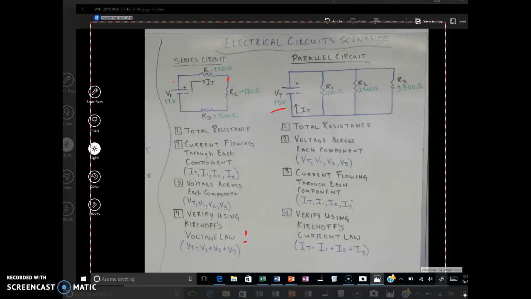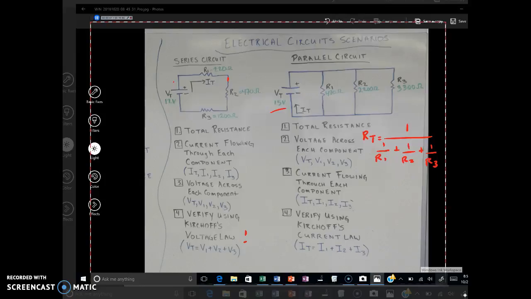So the total resistance for a parallel circuit, we did talk about this, and we talked about how the equation wasn't very user-friendly, right? So we said that the total resistance for a parallel circuit would equal 1 divided by 1 over R1 plus 1 over R2 plus 1 over R3.